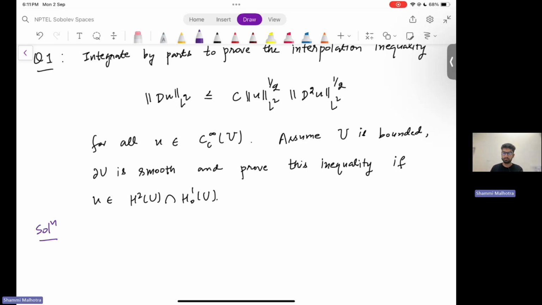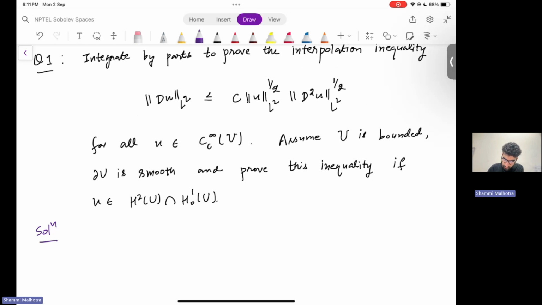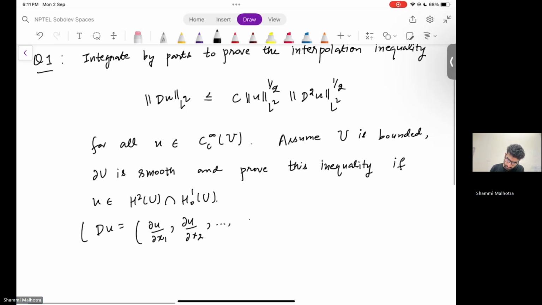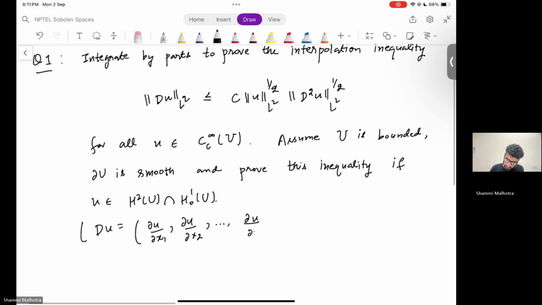Let me also denote what I mean by Du and other notation. Du is del u by del x1, del u by del x2, up to del u by del xn. So this is nothing but the gradient of u. That's the notation.